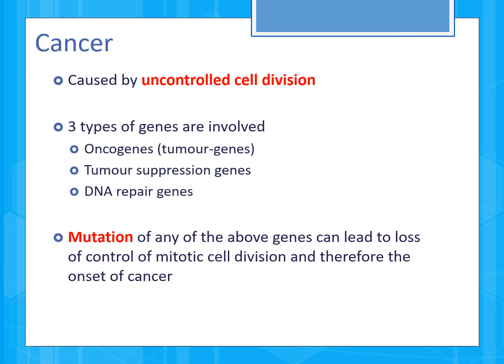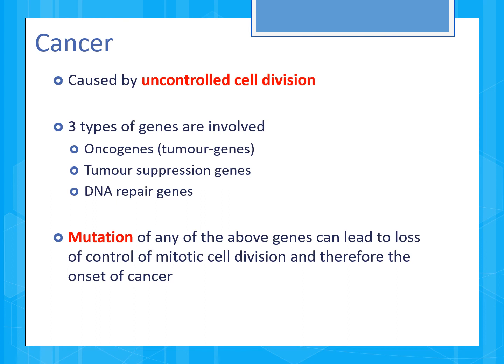So cancer is uncontrolled cell division. Normally you have genes that produce proteins that regulate when the cell divides, and that regulate the repair of DNA. If you change the sequence of any of those genes, which we call mutation, you get abnormal proteins, which means that cell division happens in an unregulated manner.